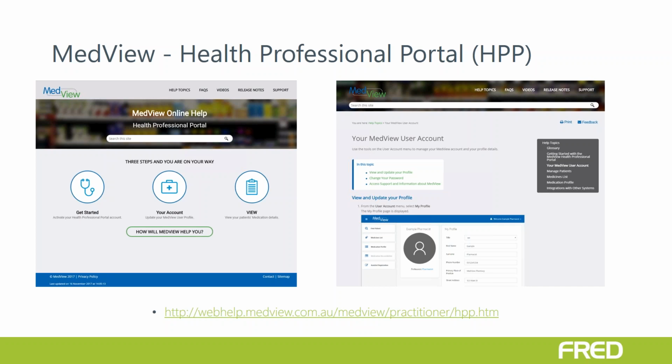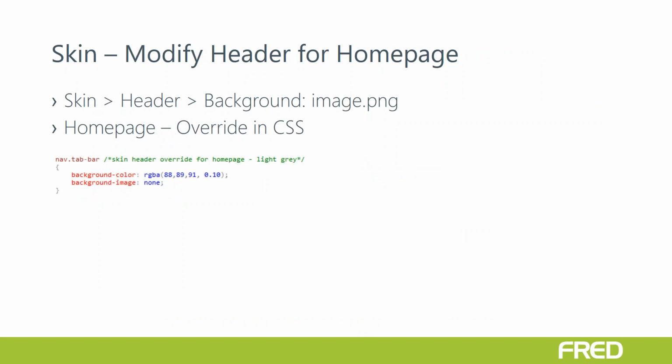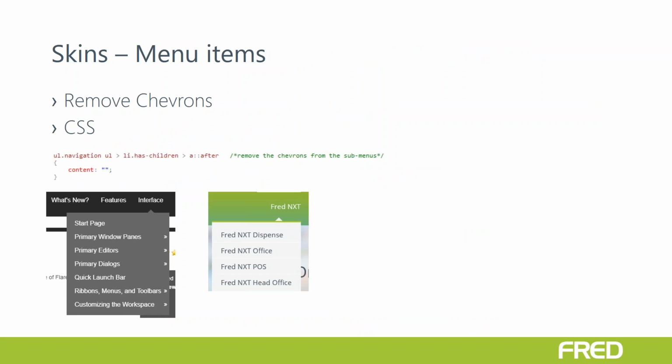One example of this was removing the chevrons in the menus. If you're using menus that have more than one level, the chevrons are built in, and I couldn't find a way to get rid of them except for overriding them through my style sheet. So this is the notation I'm using.